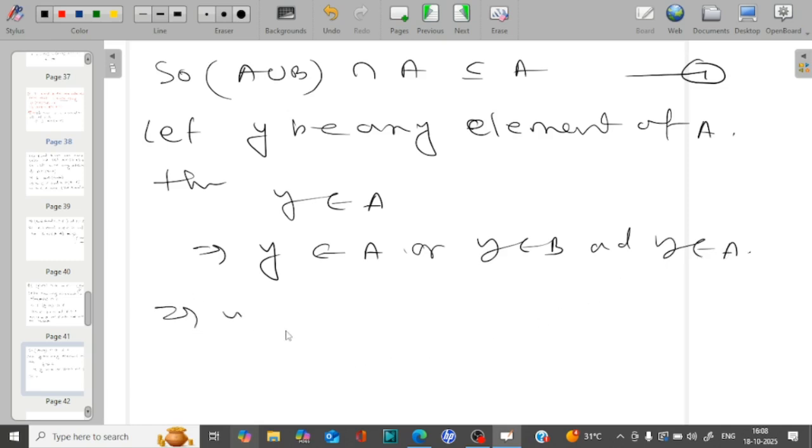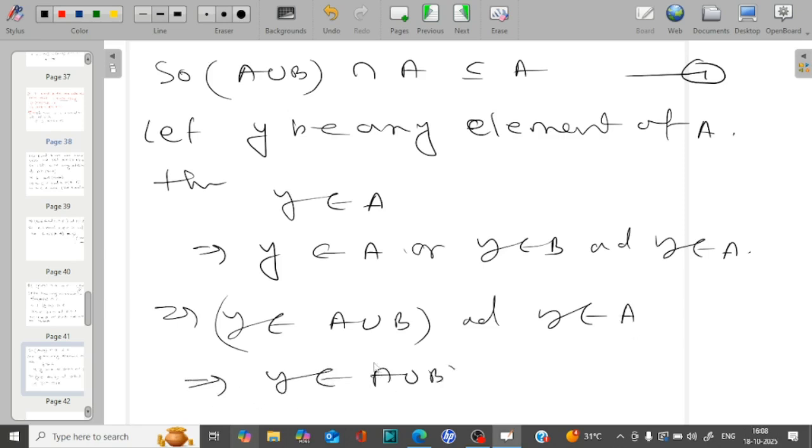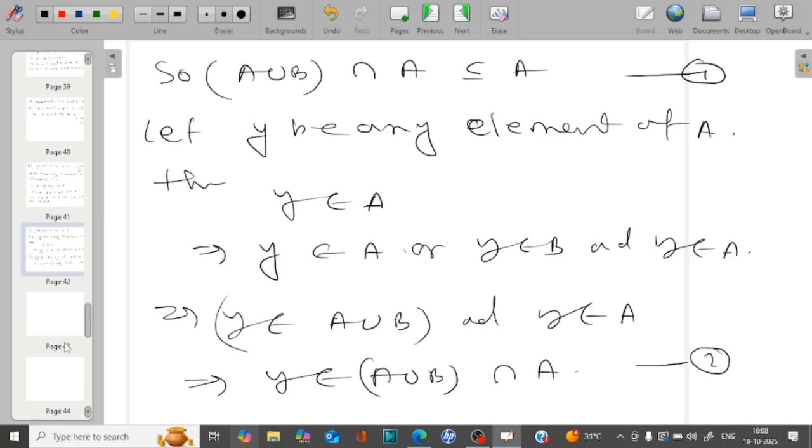That implies Y belongs to A union B and Y belongs to A. That implies Y belongs to (A union B) intersection A.